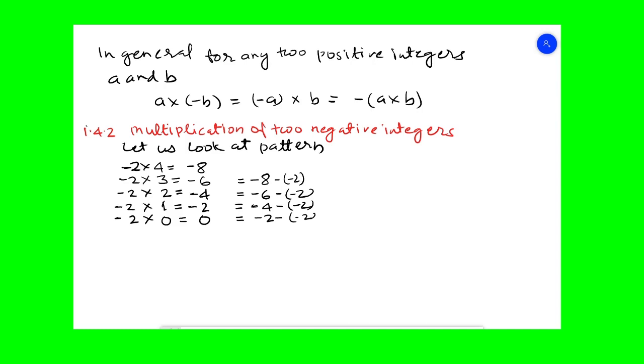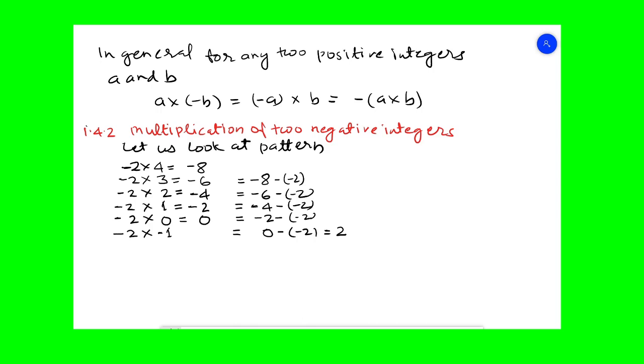Now we see here that if we continue this pattern, then this will become minus 2 multiplied by, now we are gradually reducing 4, then 3, then 2, then 1, then 0, then I am coming to minus 1. This is equal to, the previous figure is 0, 0 minus minus 2, this is equal to 2.